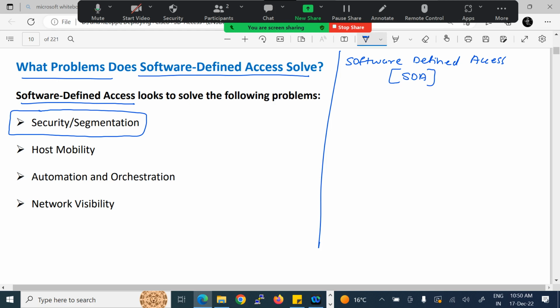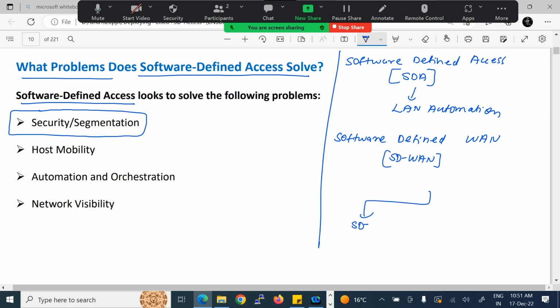Basically it is talking about LAN automation, just as we say software defined WAN, which is known as SD-WAN. So we have SD-WAN and we have SDAccess. SDAccess refers to the LAN network and SD-WAN refers to the wide area network.